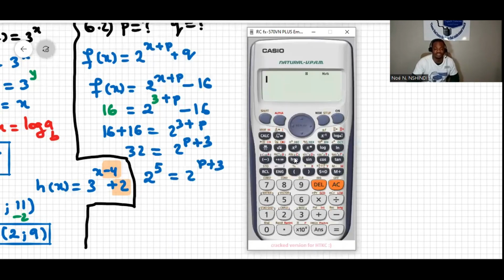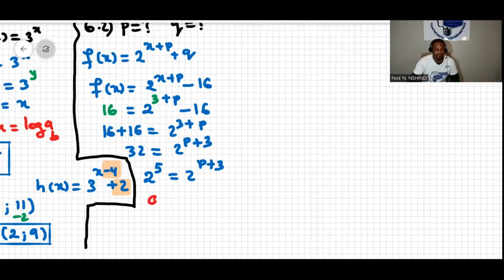In your calculator, press 32, then press the equal button, then press shift, and then the factorize button underneath. When you hit it, it will give you the prime factorization of 32, which is 2 to the power 5.